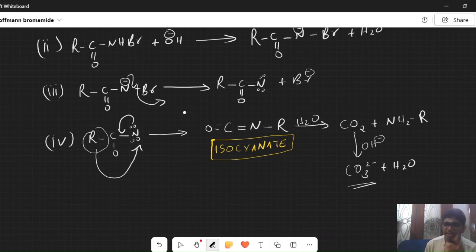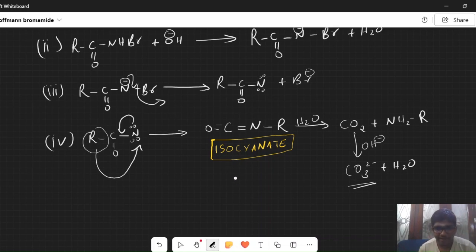If the fourth step is the rate determining step, then the electron density present in the alkyl group which is shifting towards nitrogen determines the rate of that step. The electron richness of the alkyl group which is shifting towards the nitrogen will determine how fast that step is.